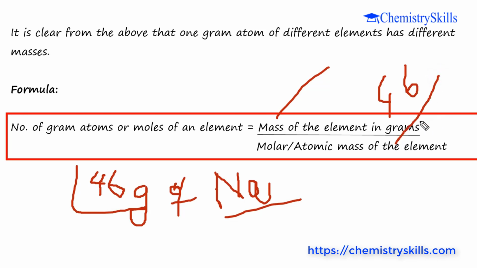So what is this molar atomic mass? 23. You have to study the periodic table also. I'll share my periodic table related course here soon. So 46 over 23 will give us the number of moles or gram atoms of sodium. How simple is that?